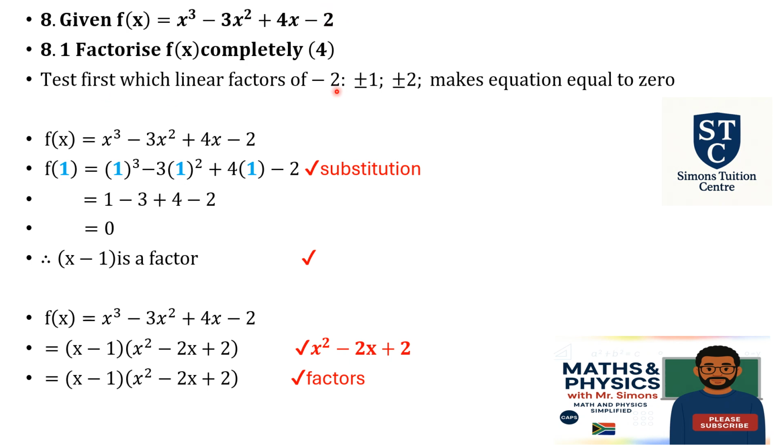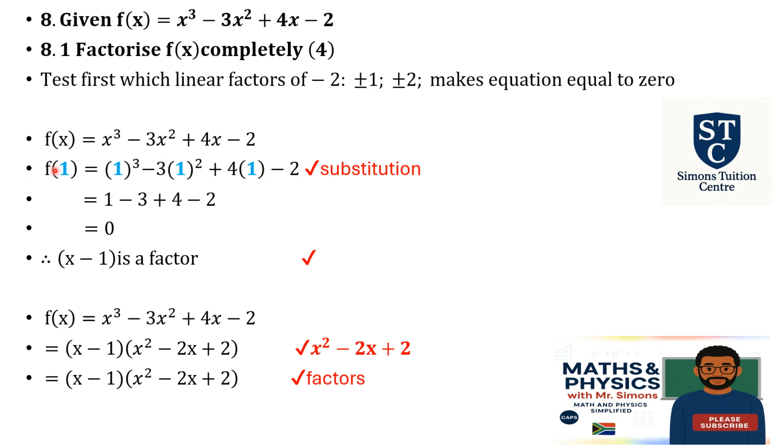So in this case, minus 2 has the factors 1 and 2. So I use plus or minus 1, plus or minus 2. If I test 1, you're going to use your calculator to test it. The one that makes it 0 is the one you will write down.